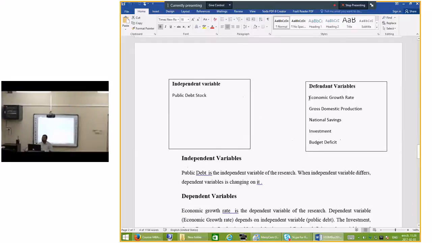There are 5 variables. For 5 variables, you cannot say economic growth rate. That should be something else. Macroeconomic variables. Yes, sir. Okay, then change your topic. Okay, sir. Macroeconomic variables and public debt stock in Sri Lanka.